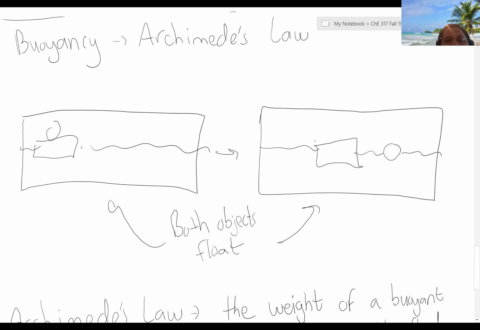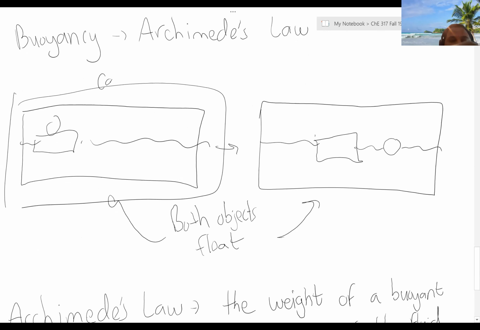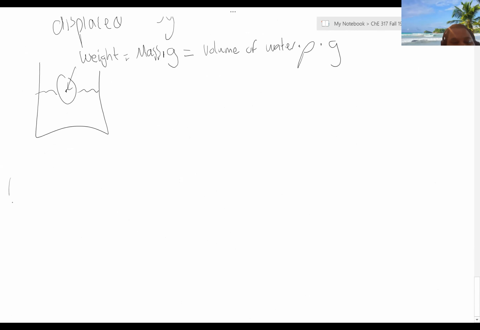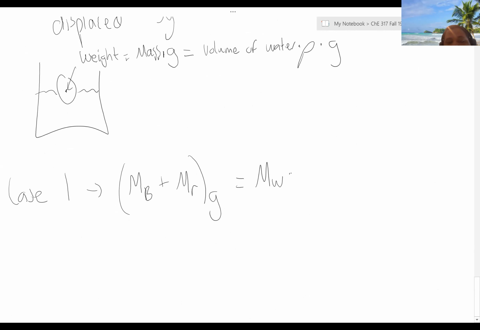So if we were going to look at this case on the left here, which I'll call case 1, and I'll call this case 2. For case 1, the weight of both the object and the raft, mass of the barrel plus the mass of the raft times gravity, equals the mass of the water displaced times gravity.